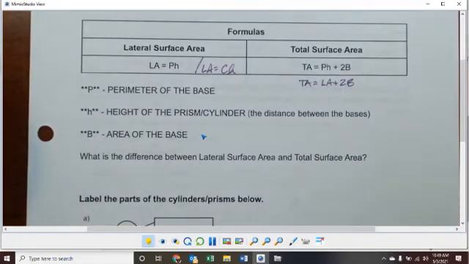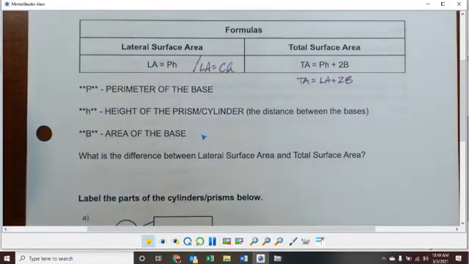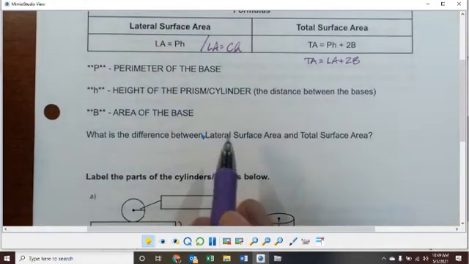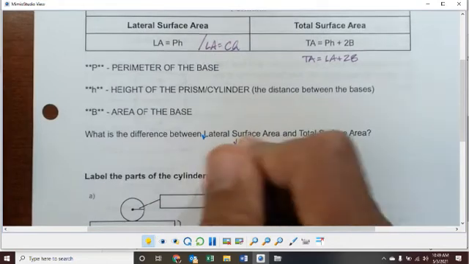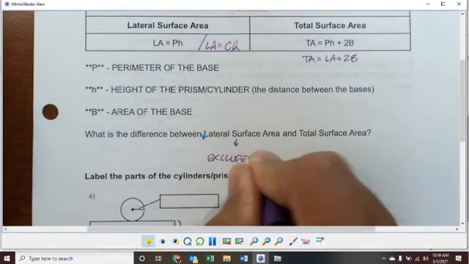P is the perimeter of the base. C is the circumference of the base for a cylinder. H is height. Big B is the area of the base. Lateral surface area and total surface area: lateral surface area excludes bases.